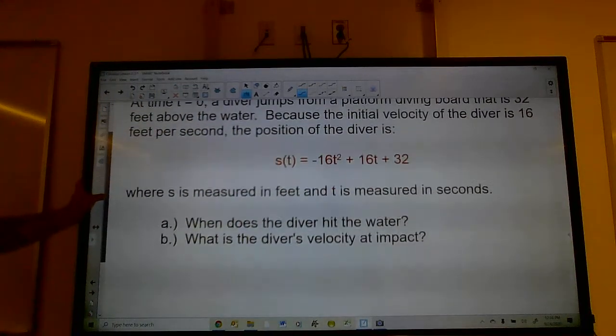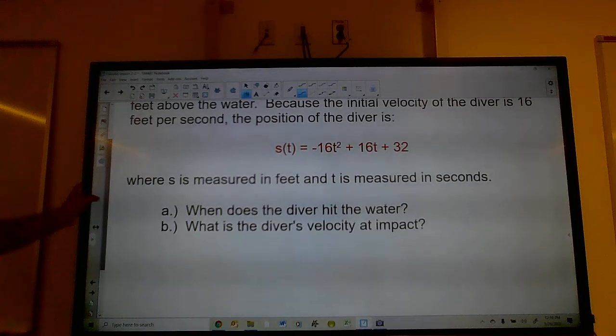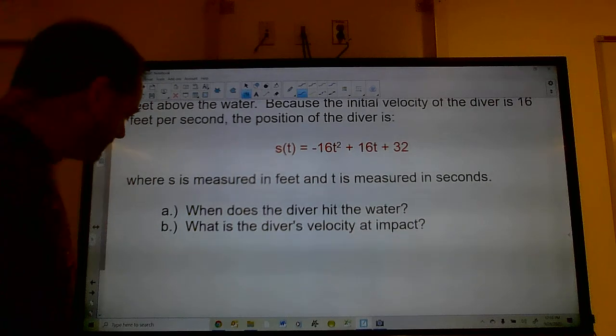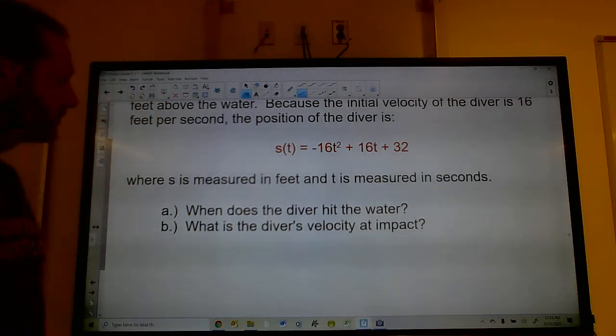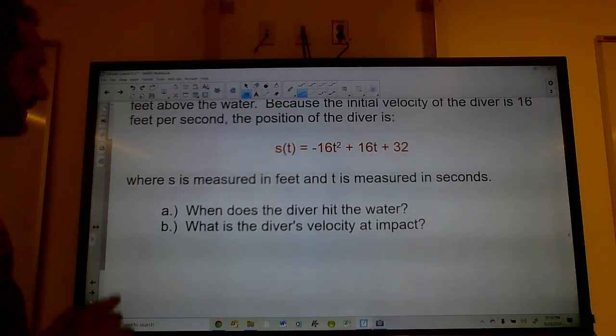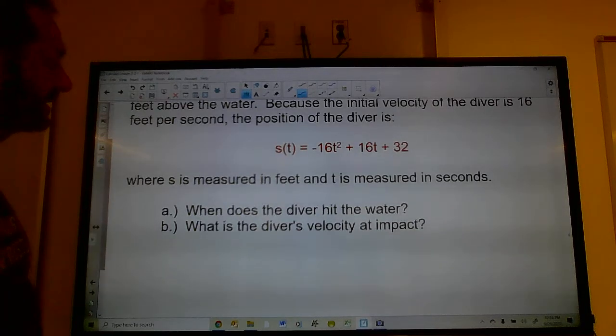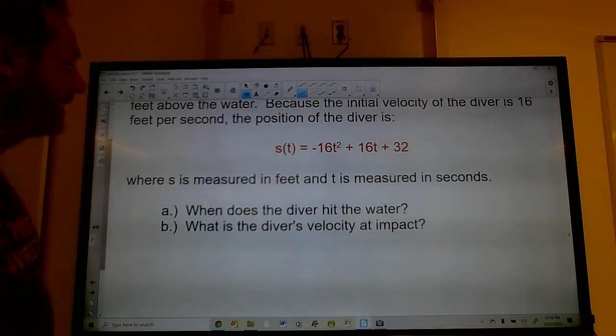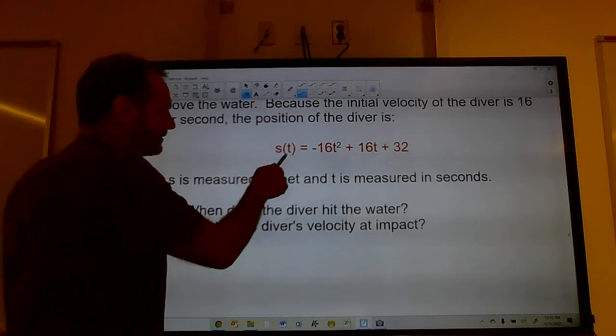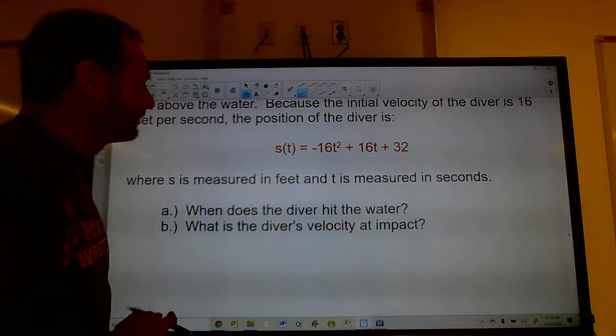So, when does the diver hit the water? What is the diver's velocity at impact? So, let's see here. The diver is going to hit the water when the height is 0. So this is going to be 0 right here.